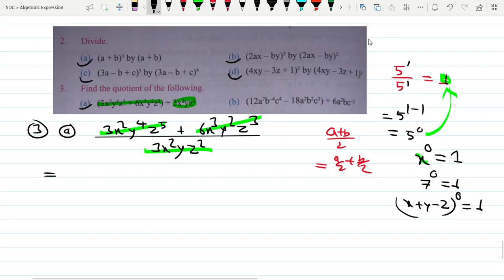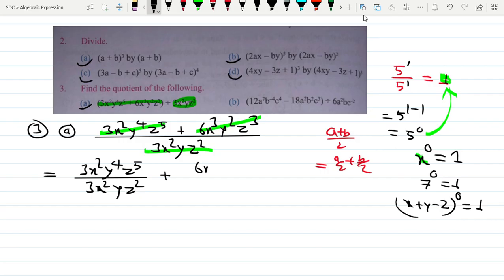So let's separate it: 3x square y power 4 z power 5 divided by 3x square y z square, plus 6x cube y square z cube divided by 3x square y z square.